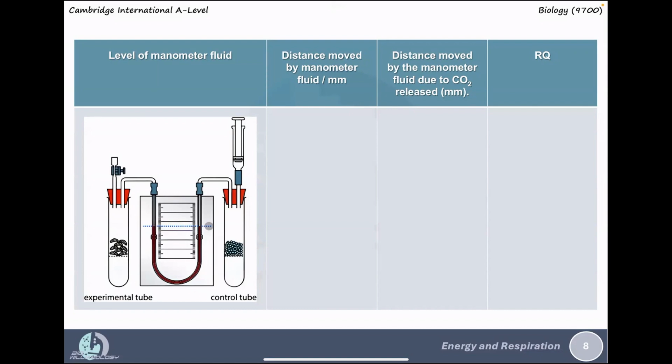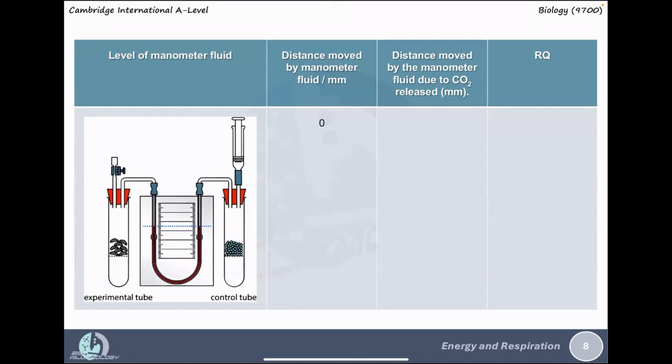With the assumption that the same organism is still alive, therefore respiration takes place. So if we measure the distance moved by the manometer fluid, it is zero distance, right? 0 mm, because there's no change. The manometer fluid still remains at the same level.